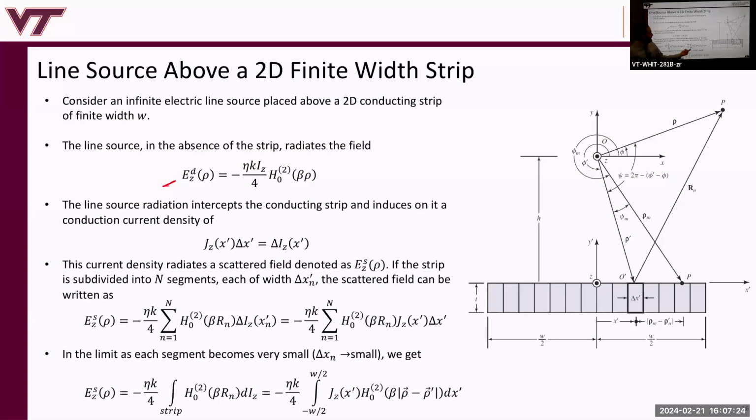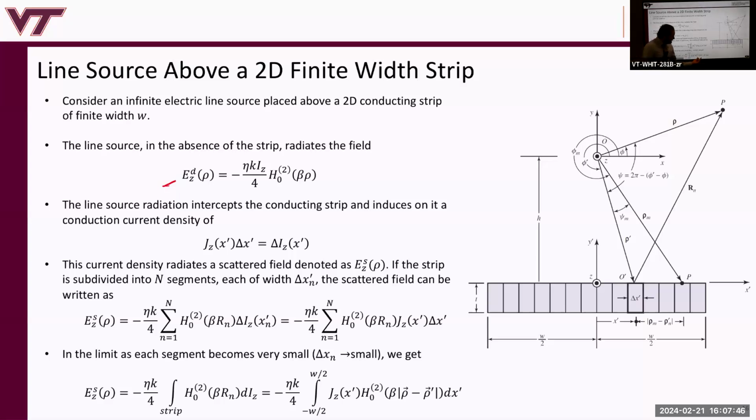So here we're summing up the radiation due to each of these segments of current multiplied by delta x multiplied by the Green's function. This is kind of like a very crude, discrete version of the convolution. This is the convolution, right? The current density against the Green's function. This gives you the actual scattered field.